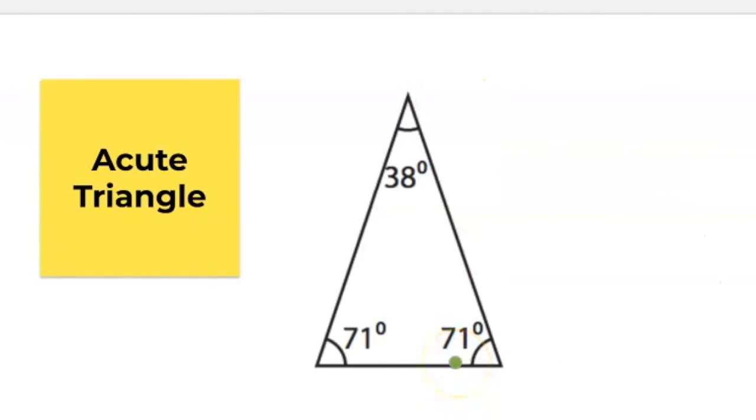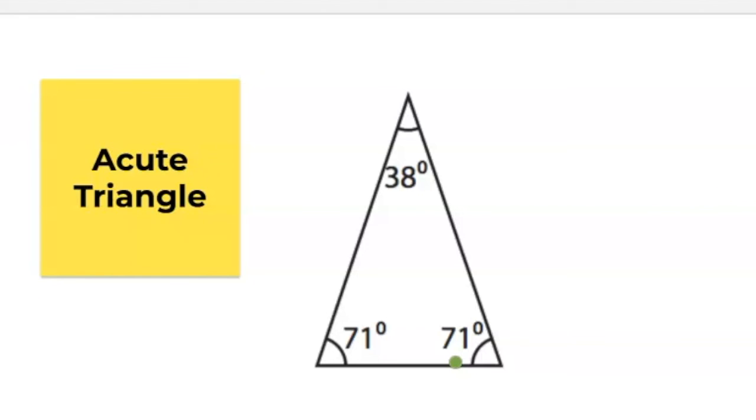And last but not least, we have an example of an acute triangle. By looking at the three angle measurements given to me, I see that 71, 71, and 38 degrees is all less than 90 degrees. Since all three angles are acute angles because they're less than 90 degrees, this entire triangle can be classified as an acute triangle.